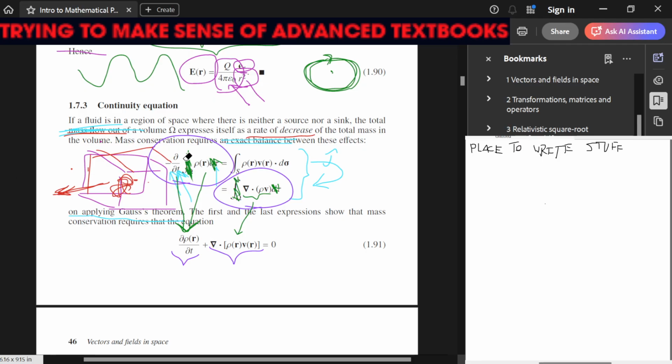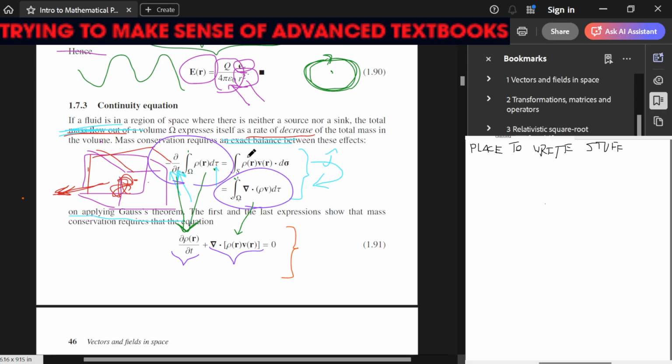But I assume we can't. Maybe I'm wrong. So let me try to make sense of that. But yeah, this equation makes sense.